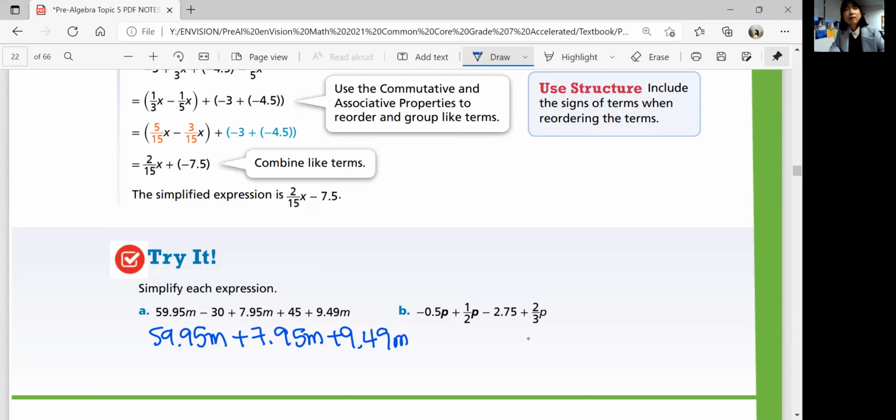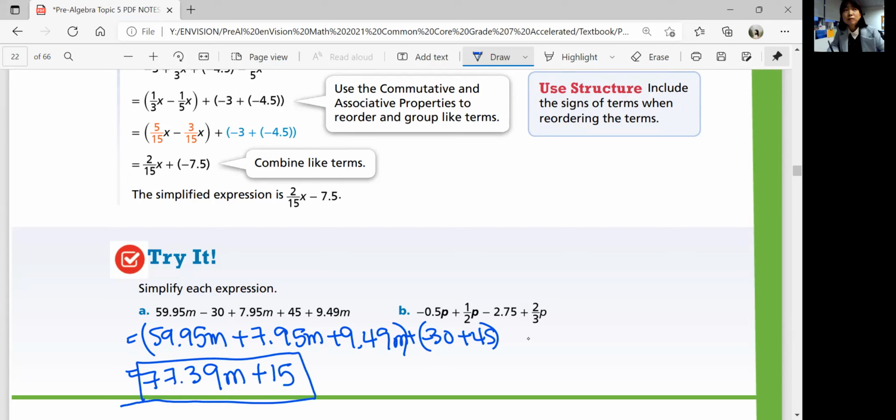And then you have -30 plus 45 here, right? So you can put parentheses and say, I'm going to group them together. And if you add the coefficients, you should have 77.39m and minus, or wait, 45 minus 30. So that's positive 15.